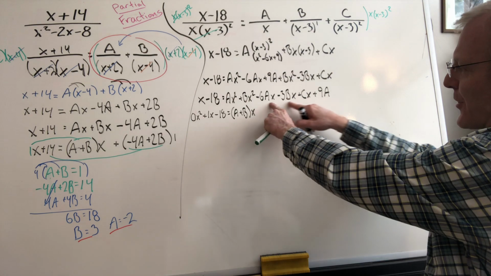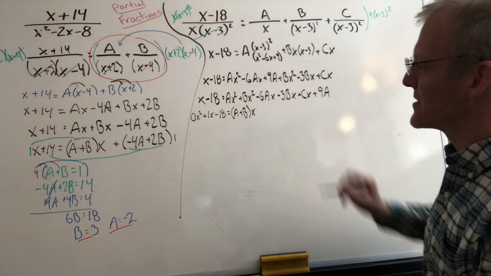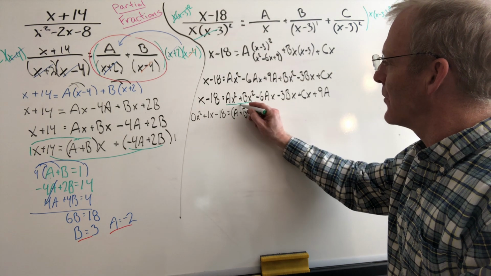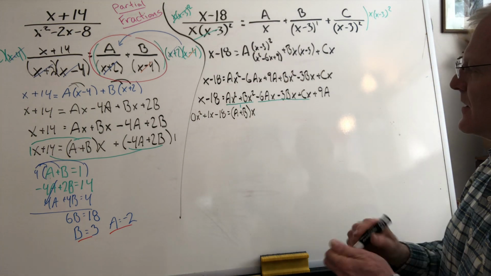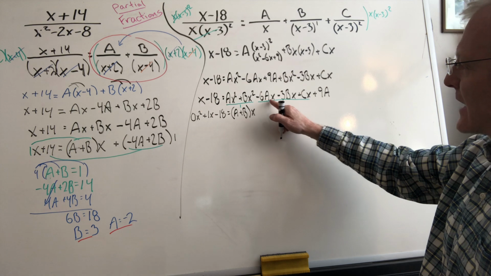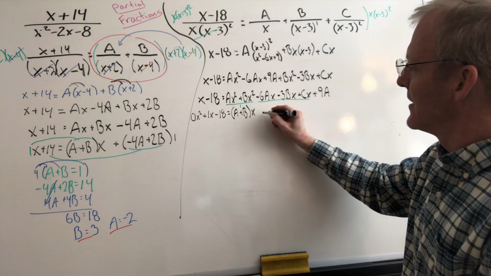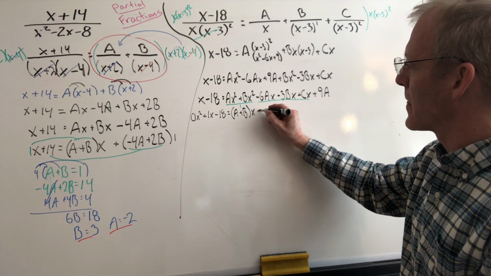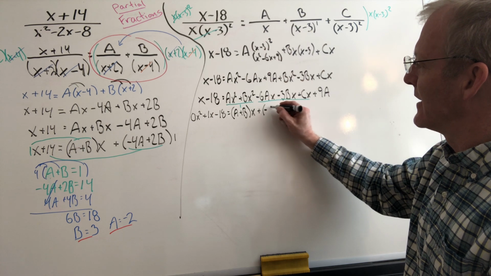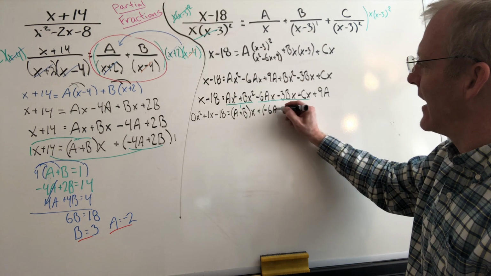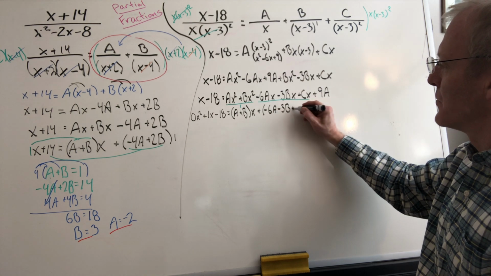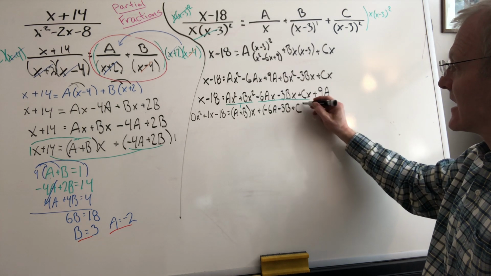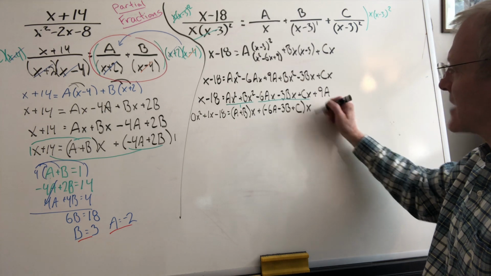Here, all 3 of these. So let's color code this a little bit. Here went there. All 3 of these are going to be next. So what are we going to do? We're going to factor just the x out. So we're going to say plus negative 6a minus 3b plus c, all of that times x.